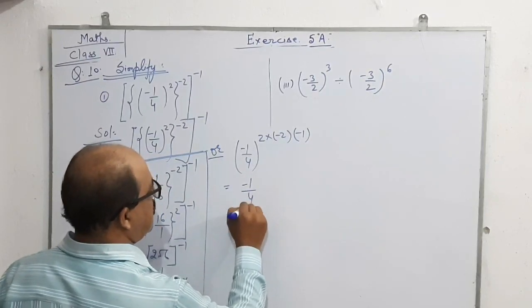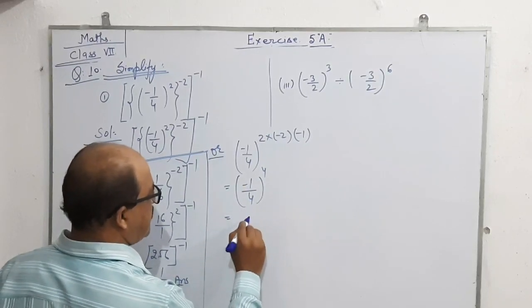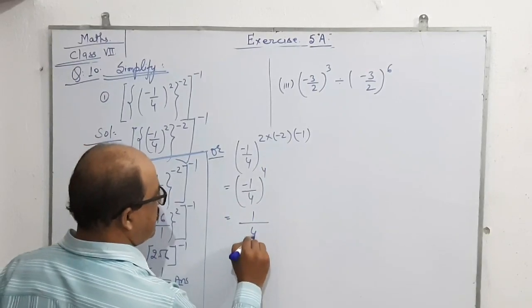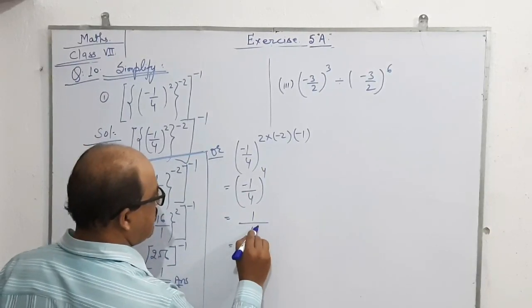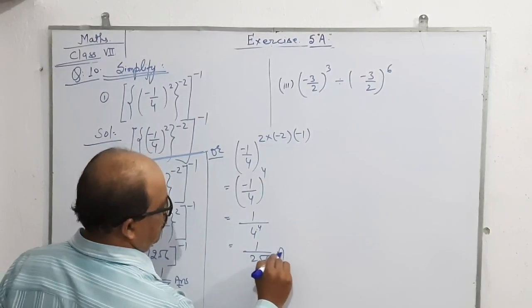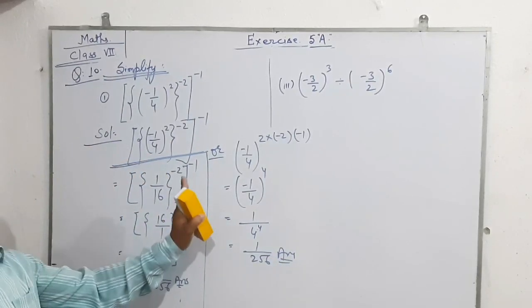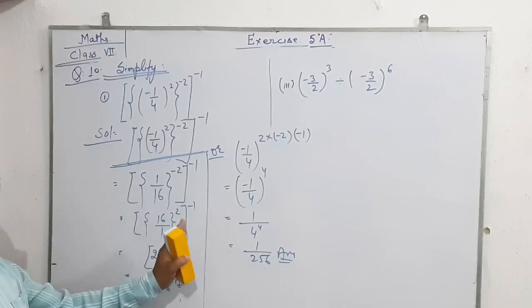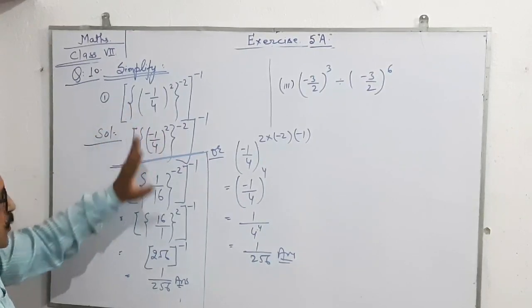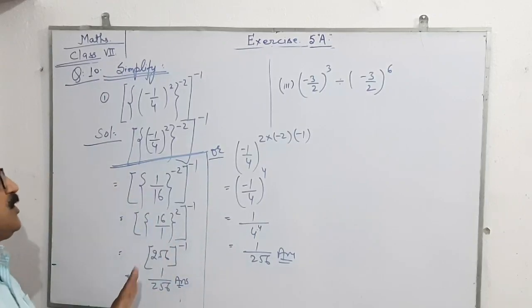So minus 1 by 4 to the power 4. 1 will be multiplied 4 times, so the answer is 1, and 4 will be multiplied 4 times, so the answer is 256. In both cases, we will get the same answer. Hope these are very interesting and easy questions. Only at first look they seem difficult, but whenever you try to do them, they are very simple, very easy questions for you.